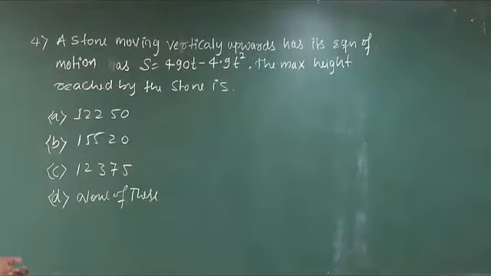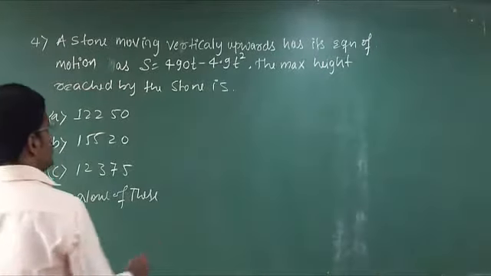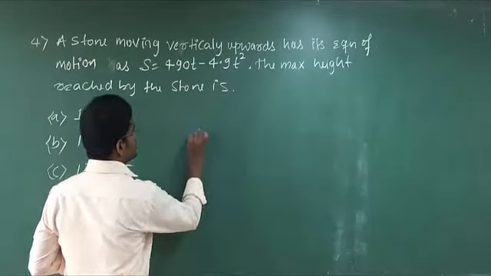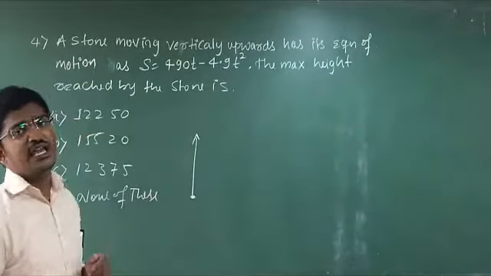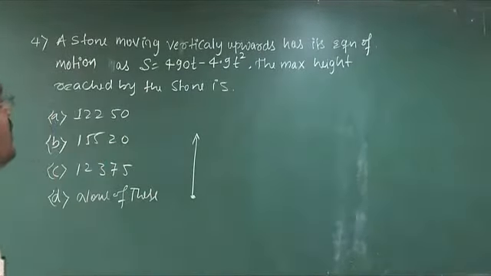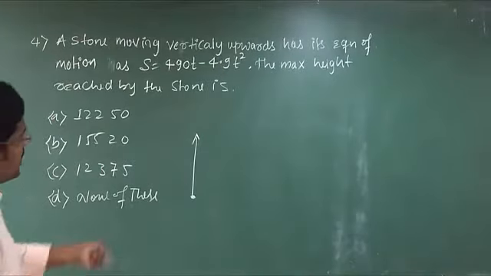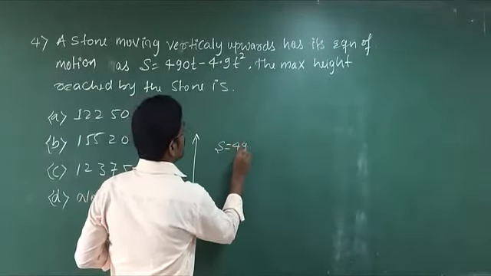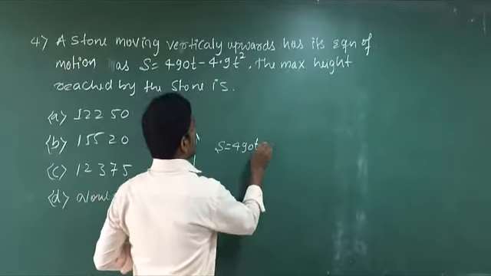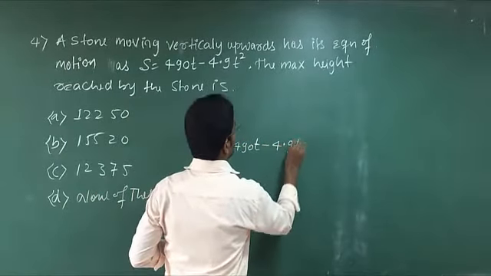So they are asking, a stone is moving vertically upwards. Consider this as a stone. It is moving vertically upwards, and the equation of movement of the stone is given. What is that? s equal to 490t minus 4.9t square.